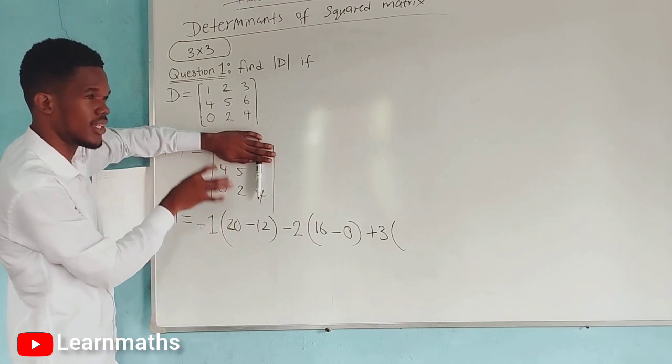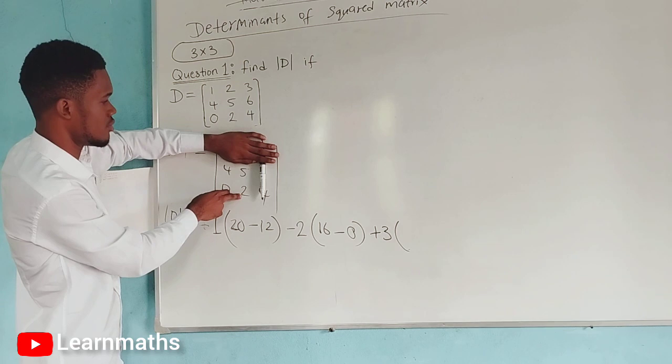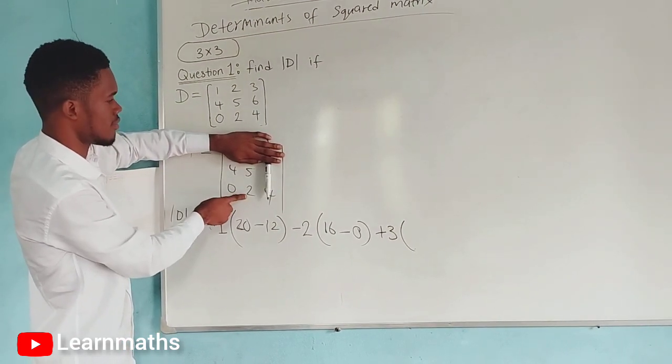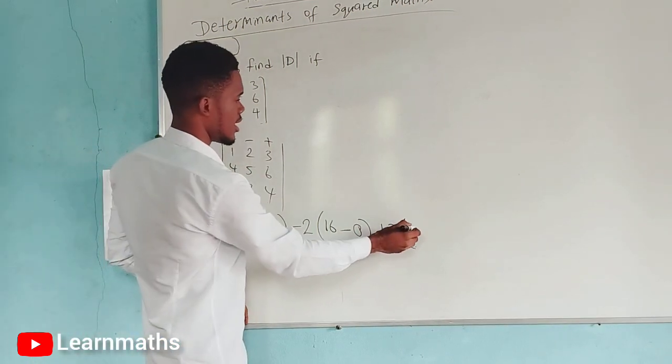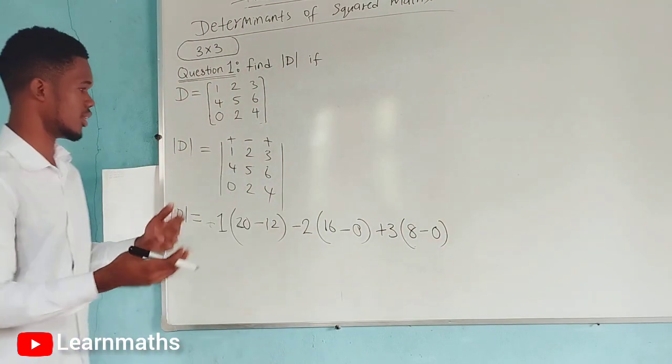So I'm going to find the determinant of this smaller matrix. That's 4 times 2, 8, minus 5 times 0, that's 0. So I'm going to have 8 minus 0. I hope everything was understandable.